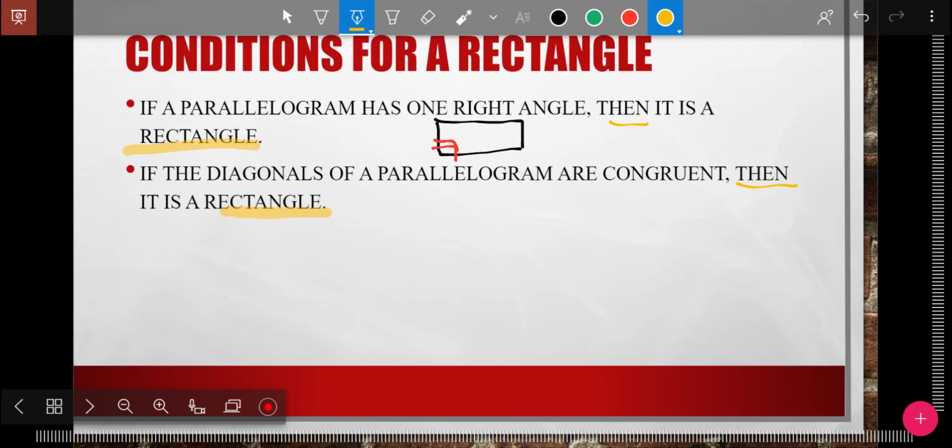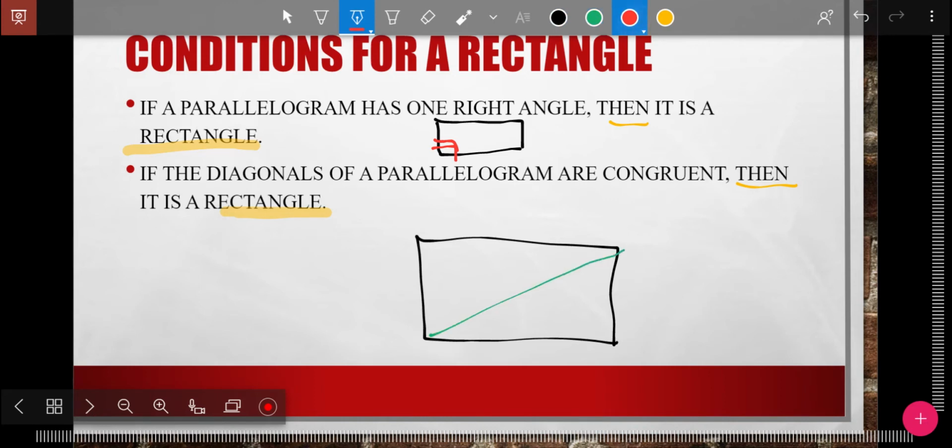The other rule of a rectangle was diagonals are congruent. So now we know the reverse is true. If we see a shape and we're wondering if that shape is a rectangle, then are the diagonals congruent?